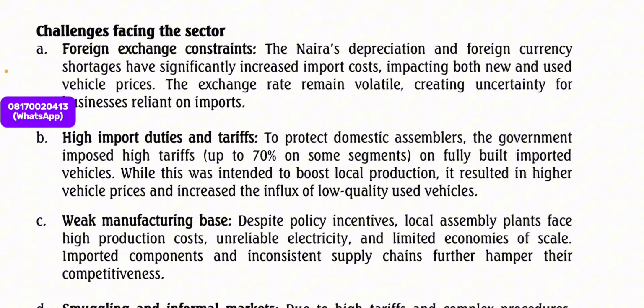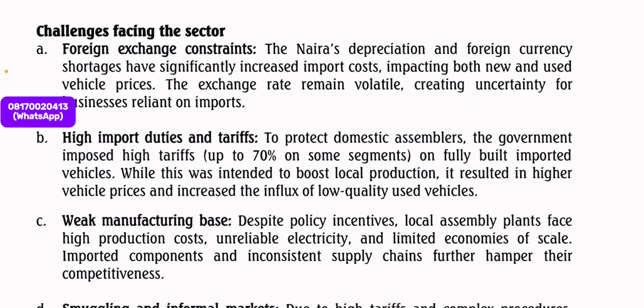Today they can say the exchange rate is 1.5 this morning, this afternoon they can say it's 1.7, tonight they can say it's 1.8. So there's a lot of volatility in that aspect. That's a challenge facing the sector, because most of these things are imported.